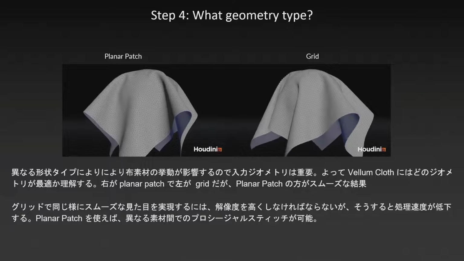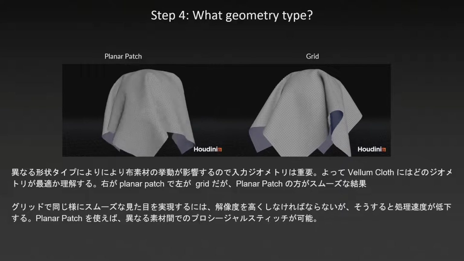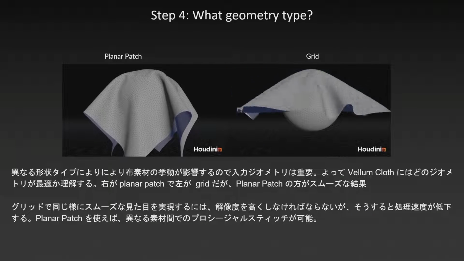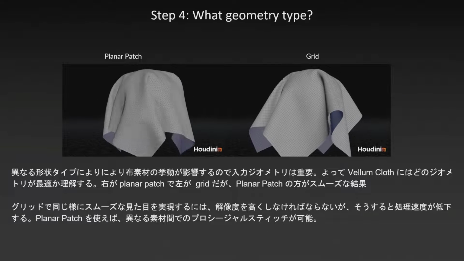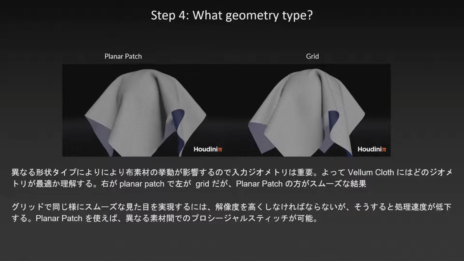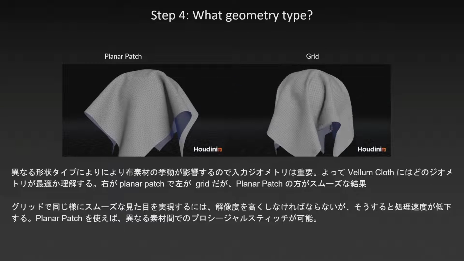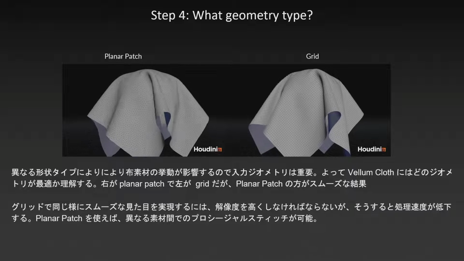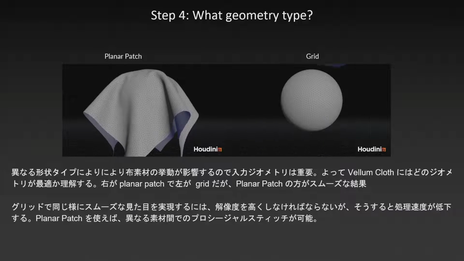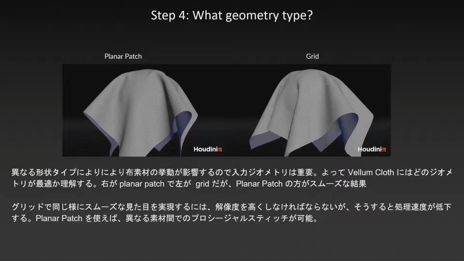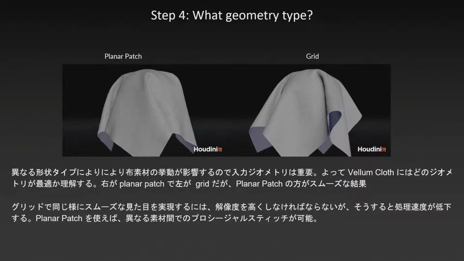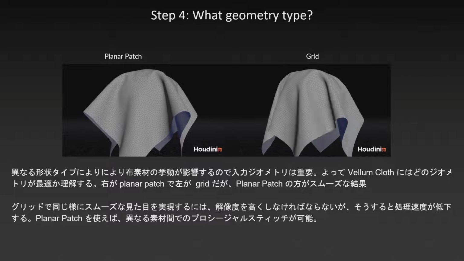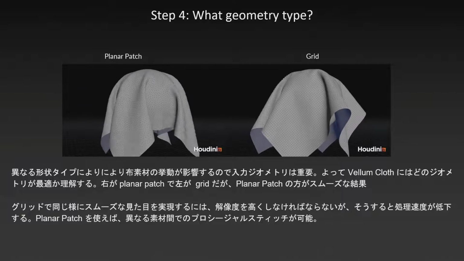For a similar smooth and organic look using a geometry type with a grid structure, you'll often need to bump up the resolution a lot higher, which will in turn slow down your simulation time.